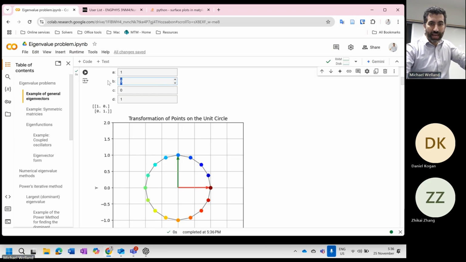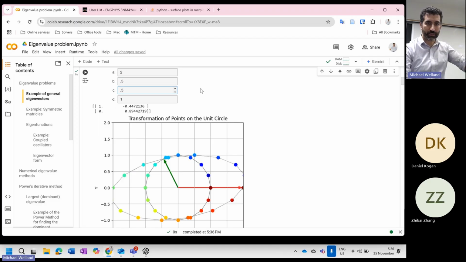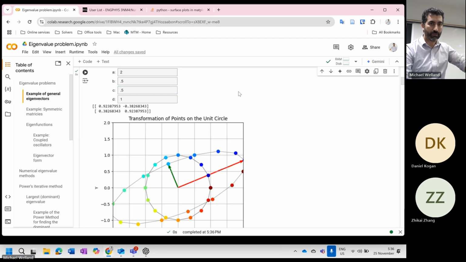It'll let you choose the elements for the 2x2 matrix, and if you change some of these, you can see what's happening. This is your original unit circle, and it transforms into this. There are colors, so you can keep an eye on what's going on. If you do stuff like this, you've done a rotation.